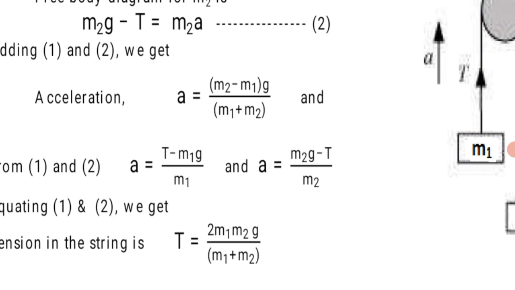By taking T to one side, m1T plus m2T equals m1 m2 g. Taking that m1 m2 g to this side, again it is m1 m2 g, that is 2 times m1 m2 g. Therefore by taking T as common, we can write (m1 plus m2) into T equals 2 m1 m2 g, or T equals 2 m1 m2 g divided by (m1 plus m2).